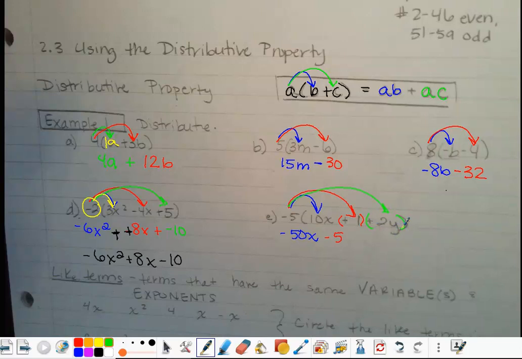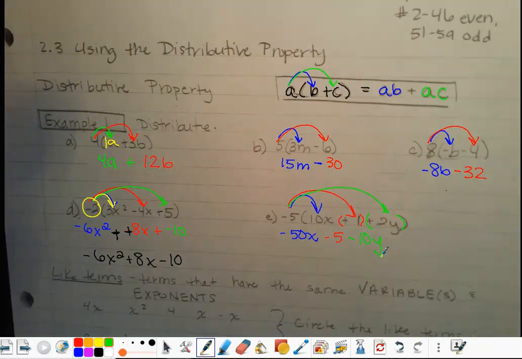We're solving E a little bit differently than D. You can take the sign in front, and then you don't have to worry about bringing it down. Negative 5 times a positive 2y is a negative 10y. And then it's already simplified. Negative 50x minus 5 minus 10y. If you want to do that, you always take the sign in front of the number, the constant and the variable. So take the plus sign as a positive, take the minus sign as a negative.